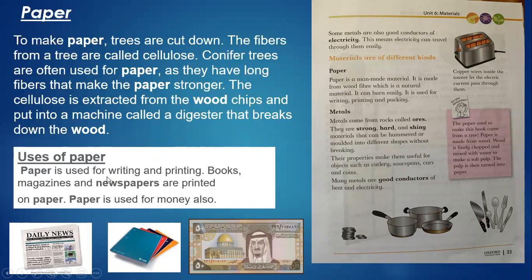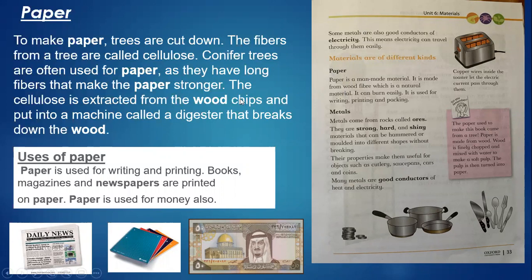Paper is used for writing and printing, for writing your work and printing the books. Books, magazines, and newspapers are printed on paper, as you know. Paper is used for money also. So this is one kind of material, paper, which is widely used in our daily life.